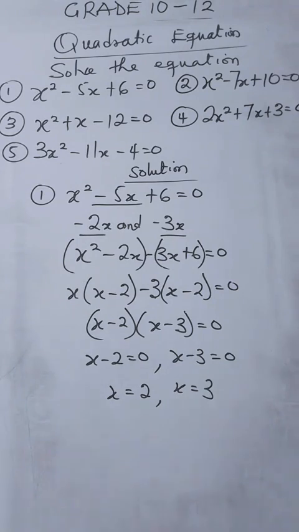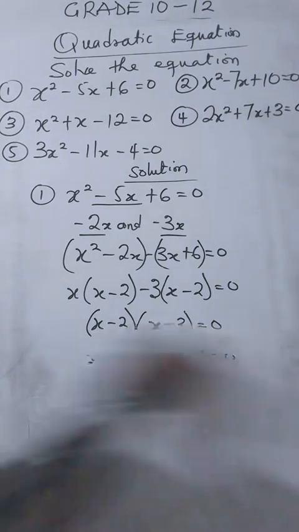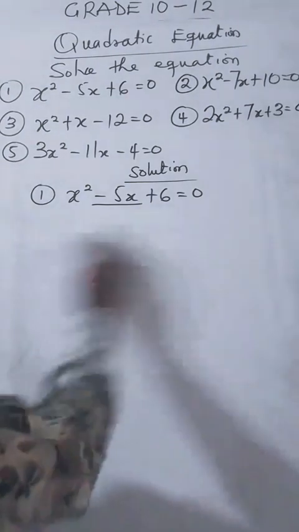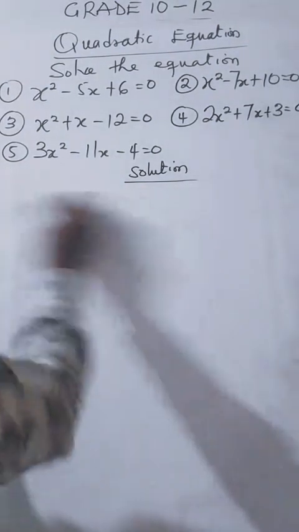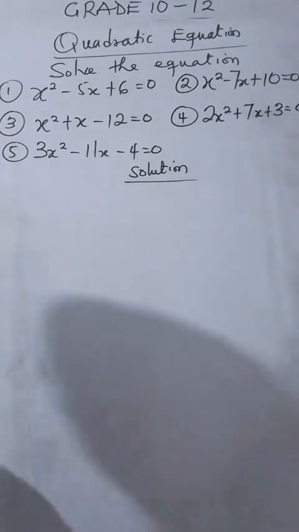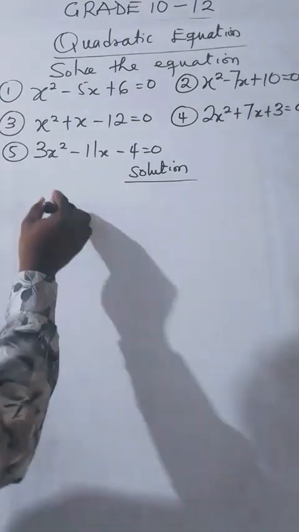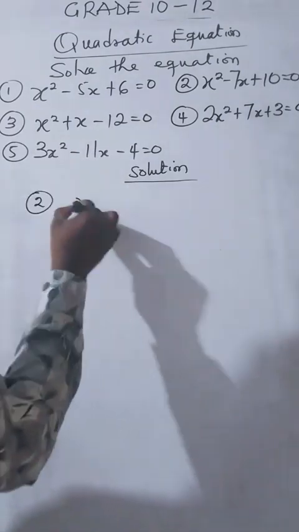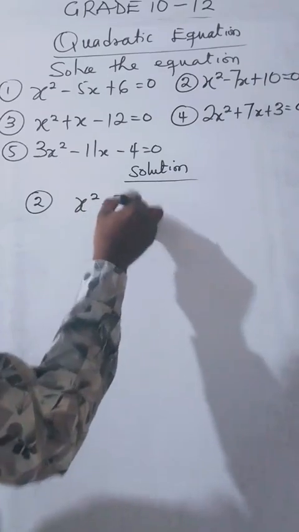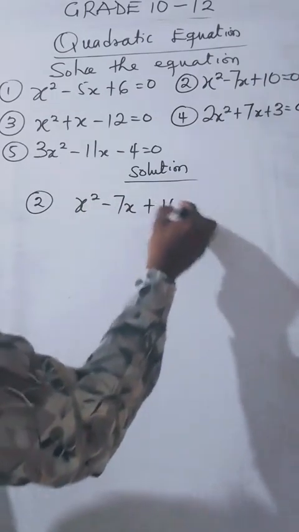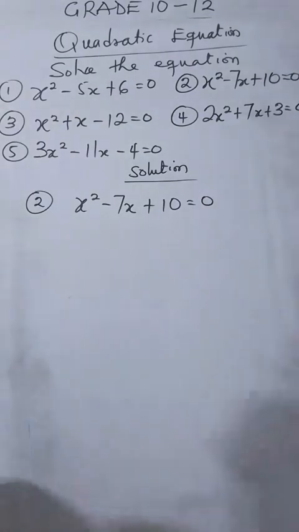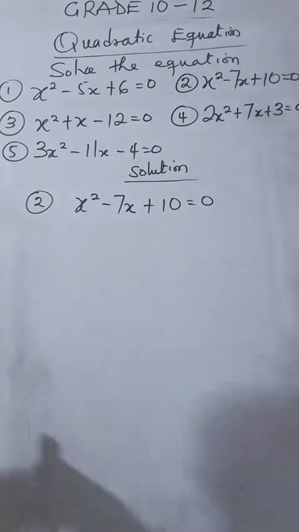Okay. Then you solve the second one also. We have x squared minus 7x plus 10 equals 0. So here, look at the factors.